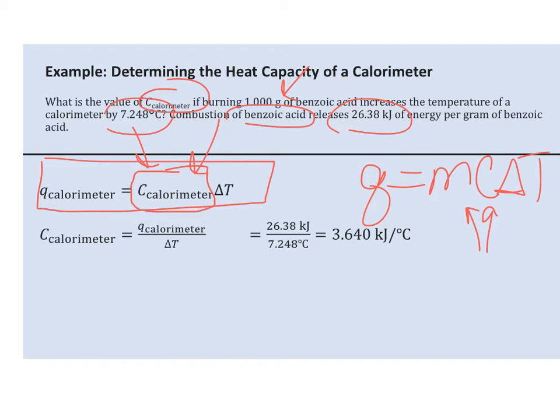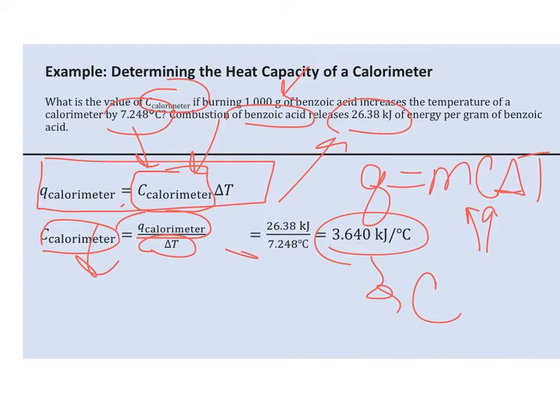So simply rearranging this formula to solve for specific heat capacity of the calorimeter, you take Q, the heat released, which they gave you, 26.38, divided by the change in temperature. This is specific heat capacity of the calorimeter.